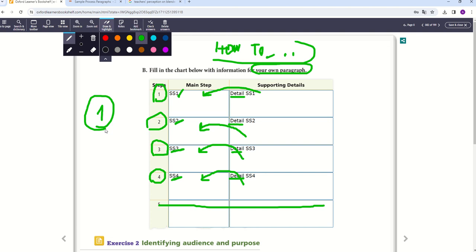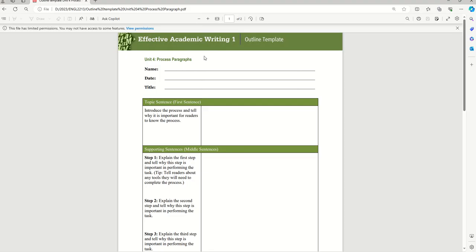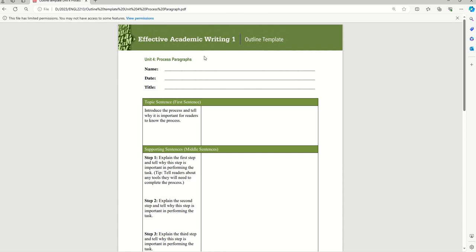You can take a look at the picture, I mean page 90. And then what's next? What's next is about outlining, right? It is about outlining.